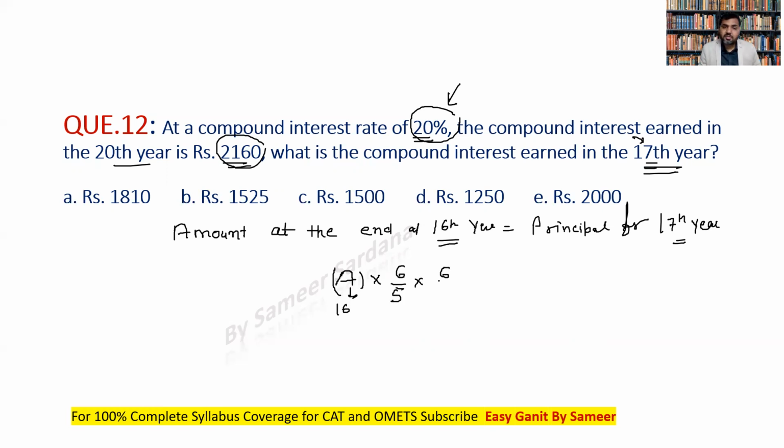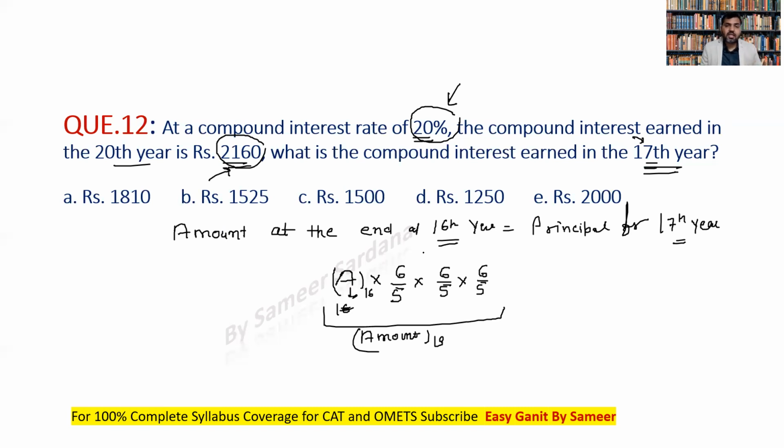This will become 6 by 5 again at the end of the 18th year, and again 6 by 5 at the end of the 19th year. This is my amount at the end of 19 years, and this is my amount at the end of the 16th year.